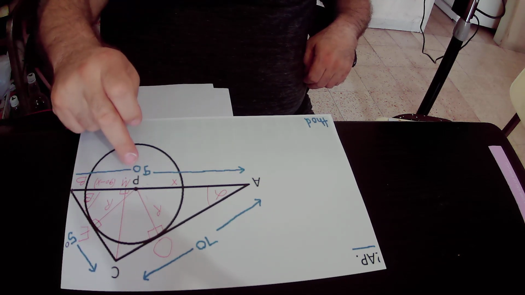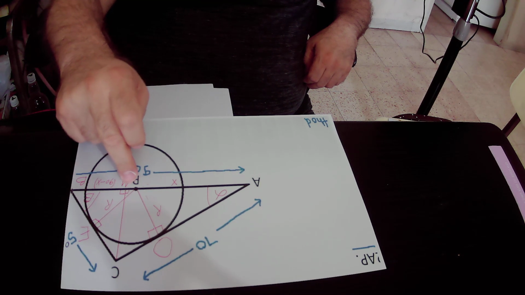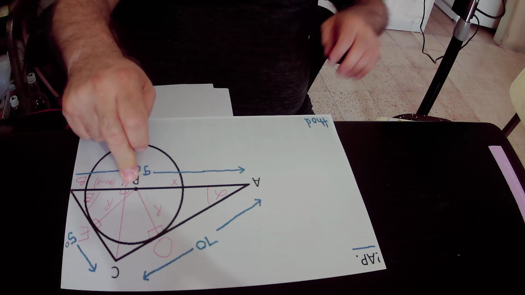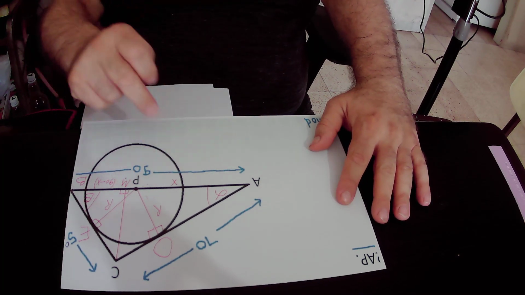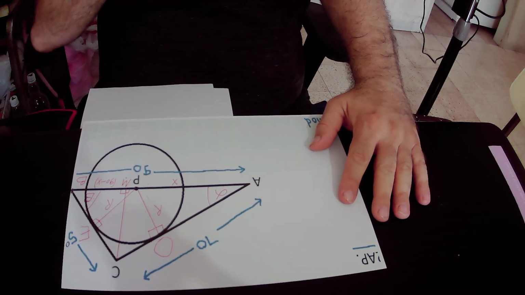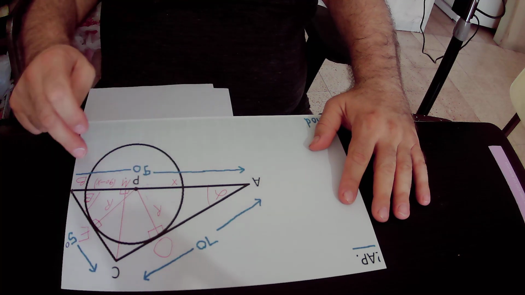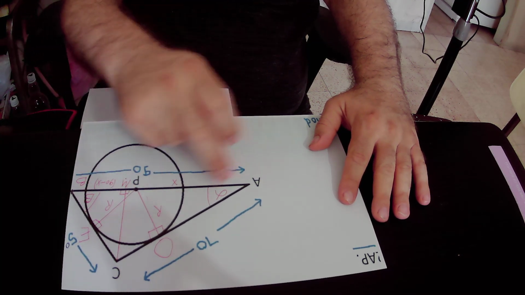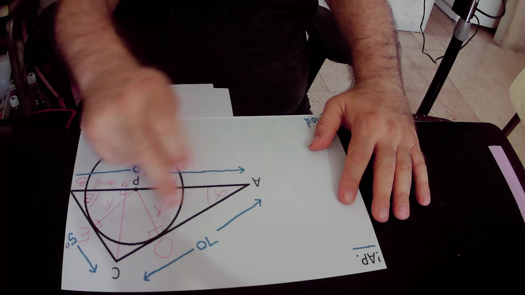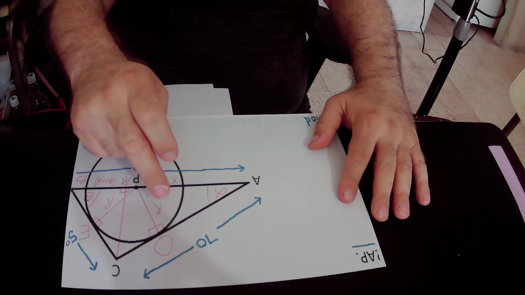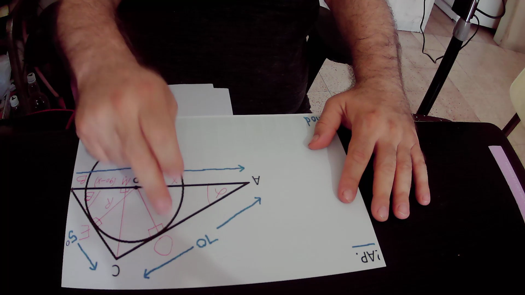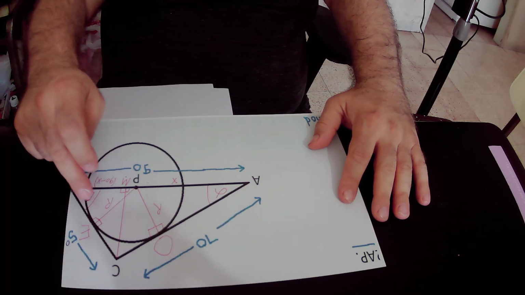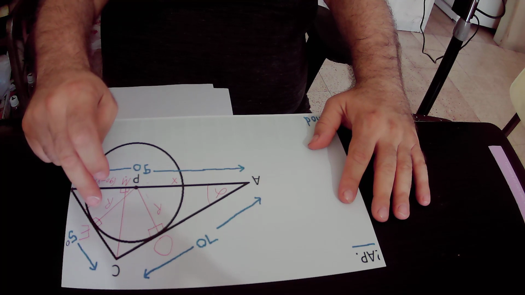The center of this circle is point P, and point P is situated on side AB of the triangle. And also we have two tangents to this circle. The first tangent is side AC of the triangle, tangent to the circle at point O, while side CB is tangent to the circle at point E.